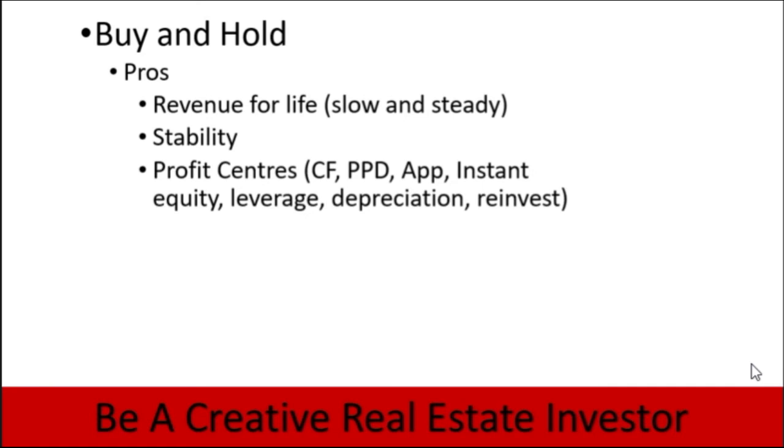We're now 8 years into ownership of the property, and I've just pulled another $100,000 out of that property. And all along, it's still cash flowing at $20,000 a year approximately. So reinvestment is a massive profit center that you can take advantage of with the buy and hold strategy.